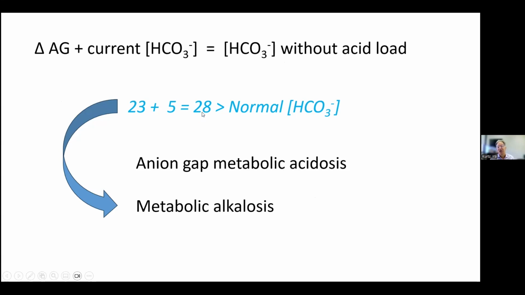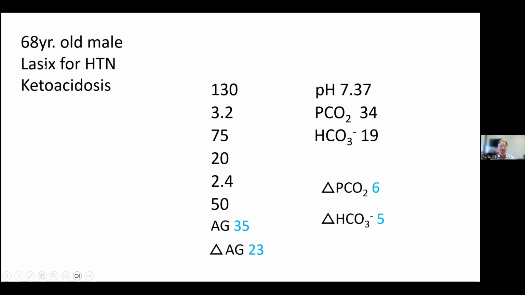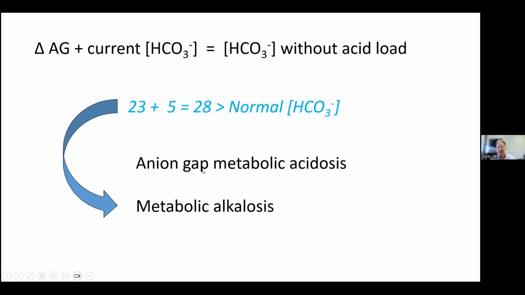And 28 is not normal, which means there was something else raising the bicarbonate in addition to the anion gap metabolic acidosis. And the most likely cause in our patient was Lasix, causing a metabolic alkalosis. So this patient has a mixed acid-base disorder, an anion gap metabolic acidosis, and a metabolic alkalosis. You don't know for sure that the elevation is due to metabolic alkalosis.